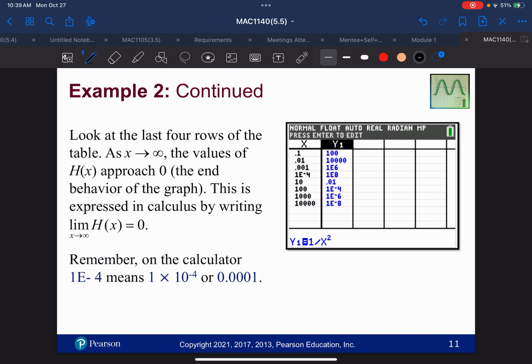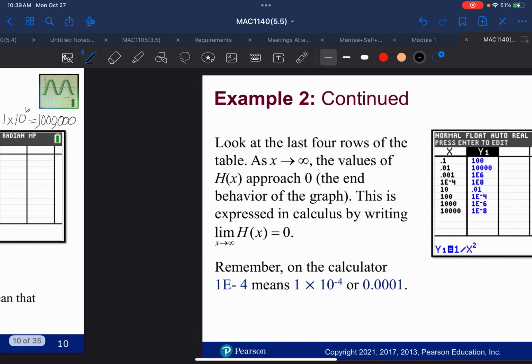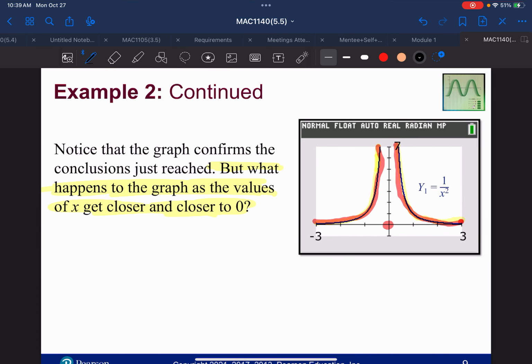Okay. Now we're going to talk about what's happening in our graph as x is approaching infinity. So let me erase this real quick. When I'm talking about as x approaches infinity, now I'm looking in the left direction to see what's happening when x is approaching negative infinity, what my output values are, and if I go to the right, I'm looking at what's happening as x is approaching positive infinity, when my values of x get really large.